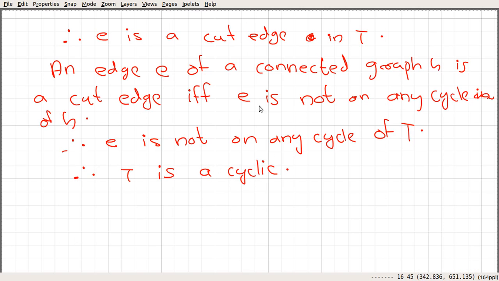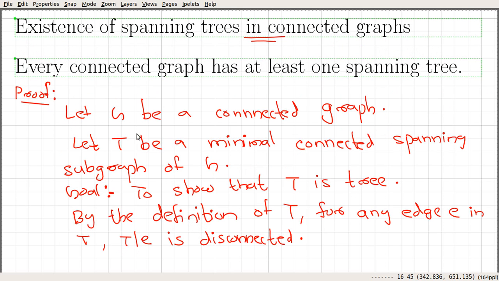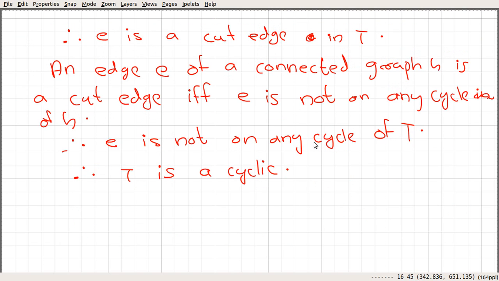And moreover, we defined T to be a minimally connected spanning subgraph. So moreover, T is connected. So here we have this tree T, and T is acyclic and T is connected.